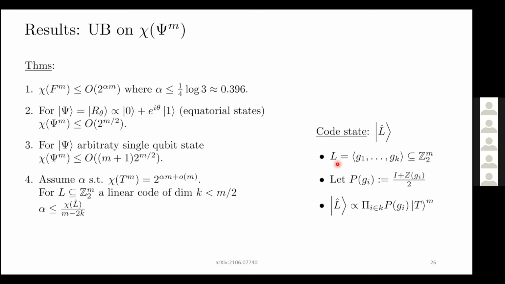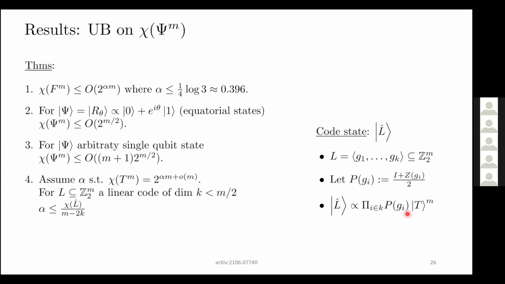Okay, so this defines some state, and a nice example of this is the cat state that we looked at earlier. The cat state has dimension 1. So there's only one projector, and that projector is I plus all Zs. So the generator is just the all-ones string. It's only got one generator.